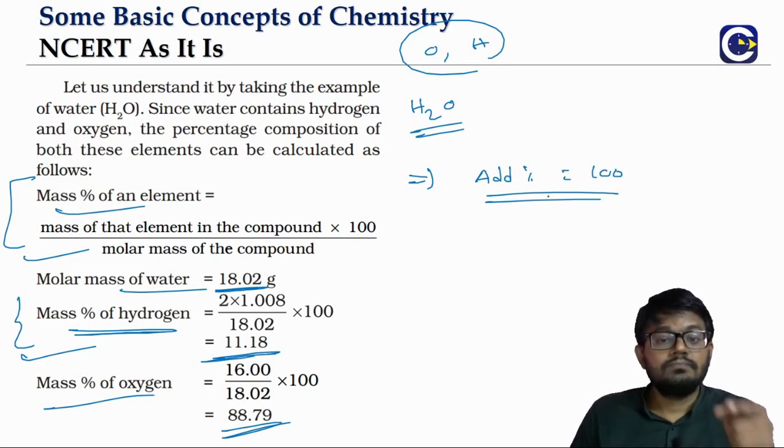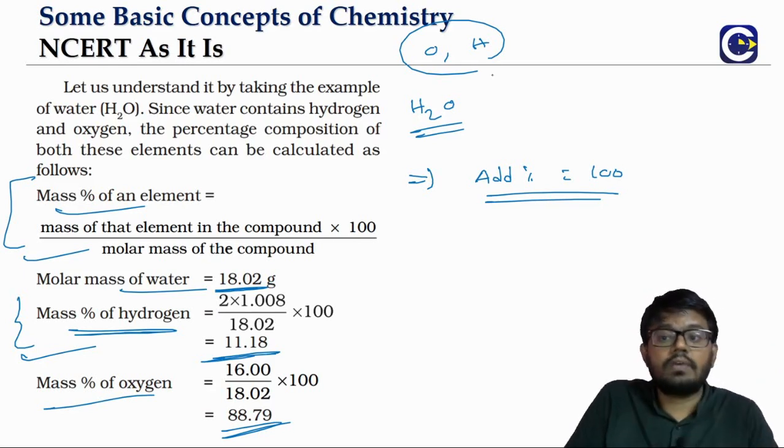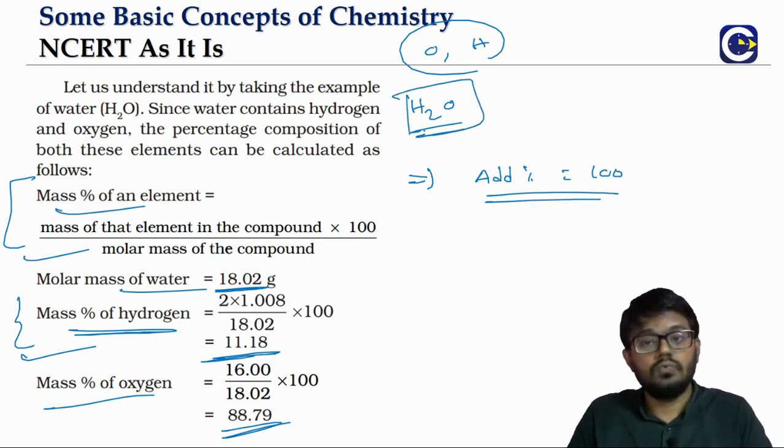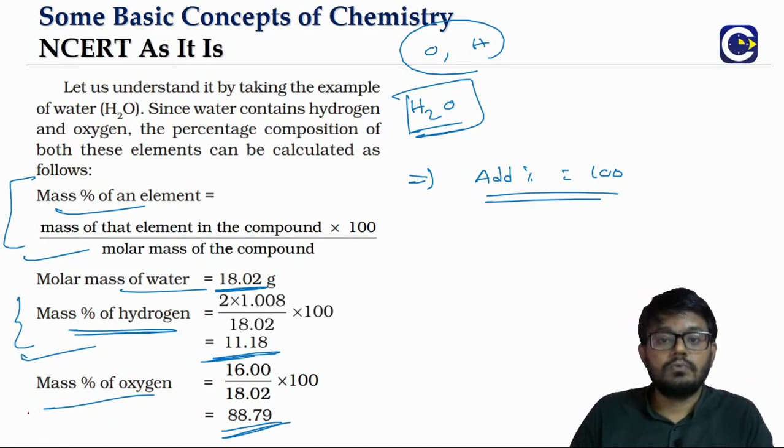And this we are doing after knowing that water has a formula of H2O. But there are methods to find out the mass percentage of different elements in a compound.